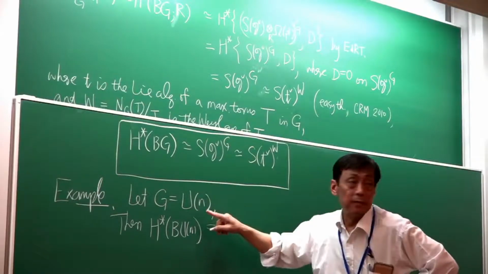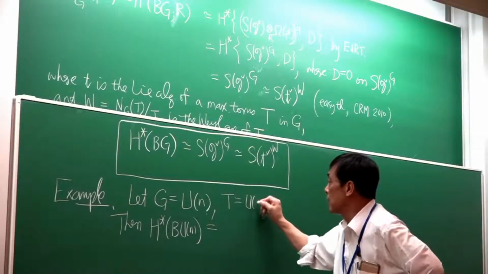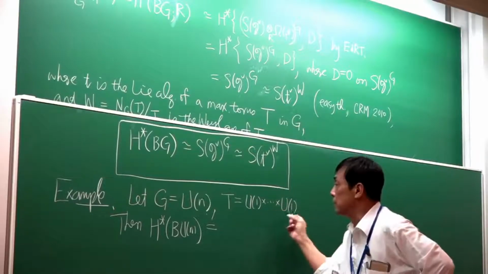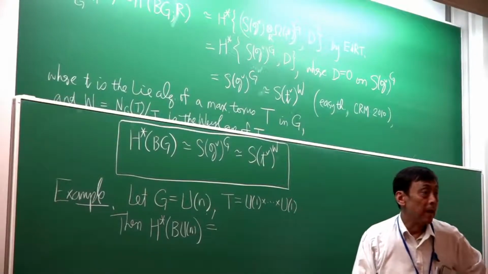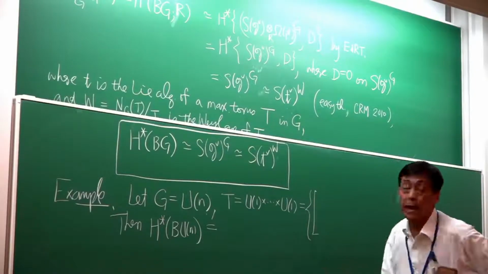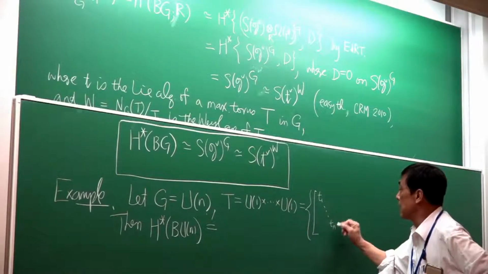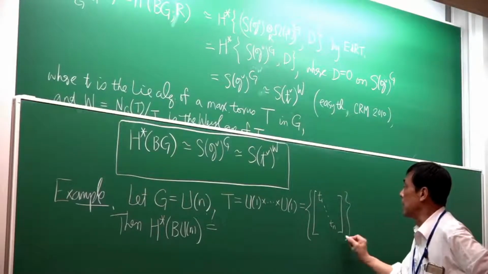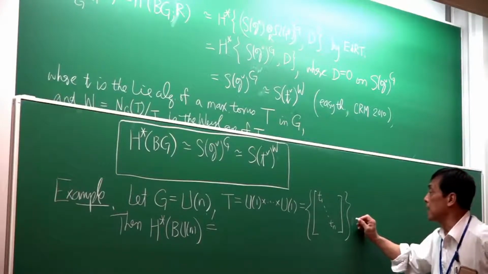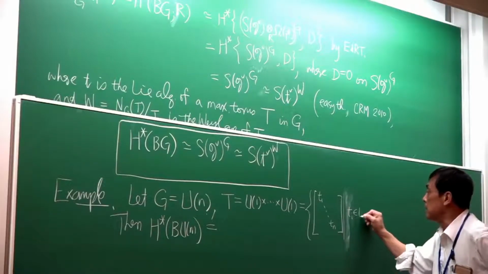When G is a unitary group, a maximal torus is the product of U(1)s, and that's just the diagonal unitary matrices, where the t_i are in U(1).